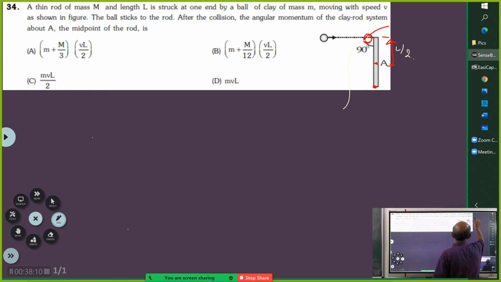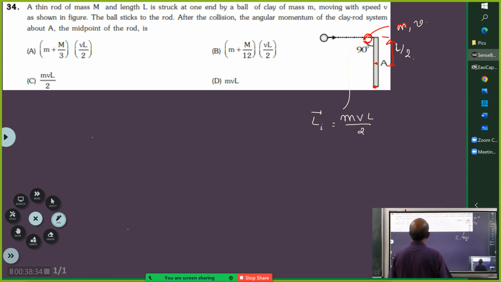And the mass of this is M, and it is moving with velocity V. So what is the angular momentum of this just before it hits? mv into L by 2. This is the initial angular momentum of this.